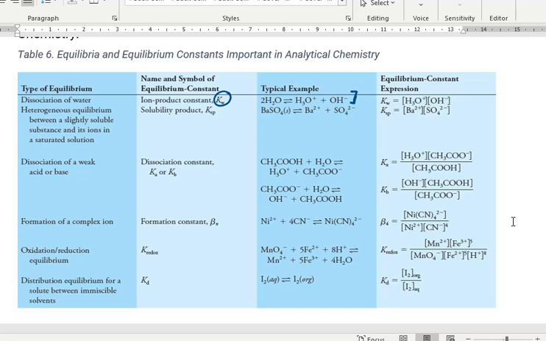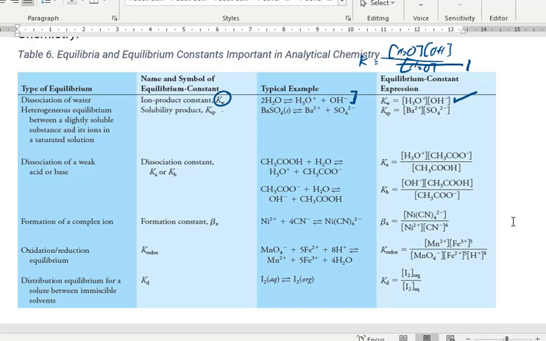So, it's products over reactant, right? It should be K is equal to H3O times OH all over H2O. But then, H2O is the liquid, so it's equal to 1. So, that's why the Kw is just H3O times the OH, okay?